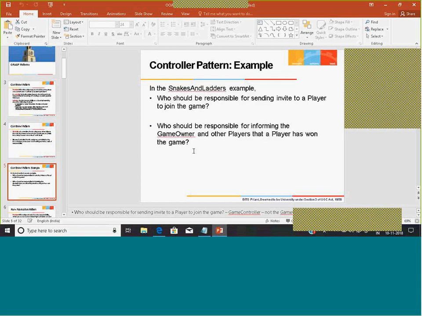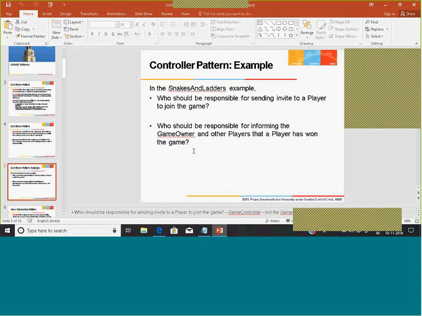From the snakes and ladders example, it is very clear that the game controller is the one that is responsible for controlling the tasks of the system. So if in the snakes and ladders case study, we ask who should be responsible for sending an invite to a player to join the game, the answer would be the game controller.